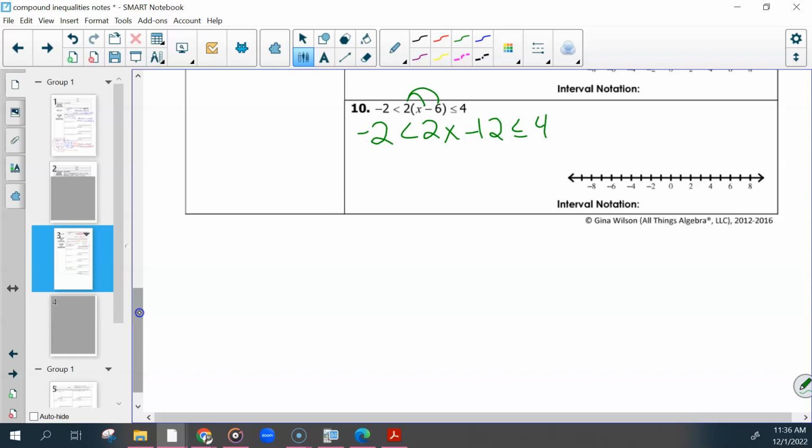And then how would we start solving this if we're trying to get x by itself? Brian? So we would end up with 10 is less than 2x, which is less than or equal to 4.